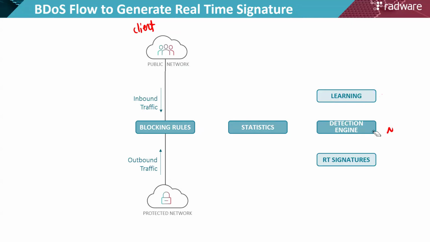Now let's suppose an attack has started, and we are getting attack traffic. As soon as we get attack traffic, since the detection engine is on, the detection engine identifies that an attack has started. It immediately turns off the learning engine because we do not want to learn the attack traffic.